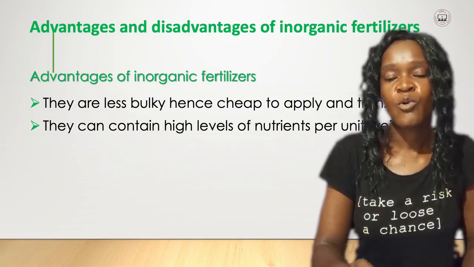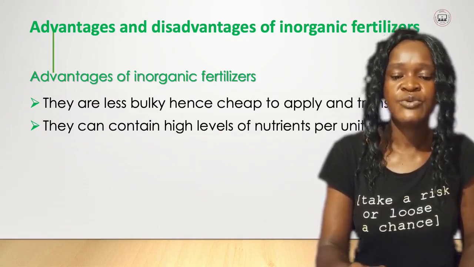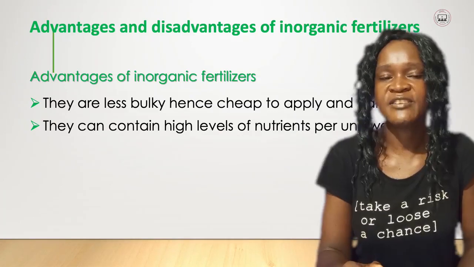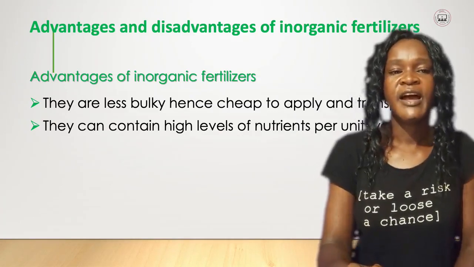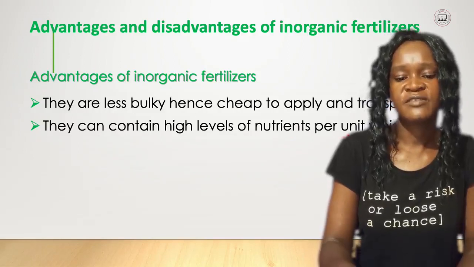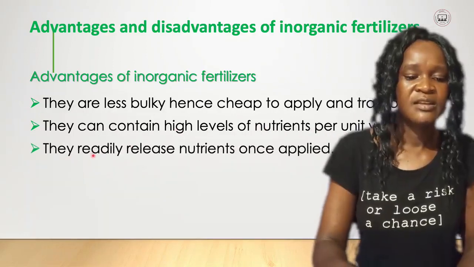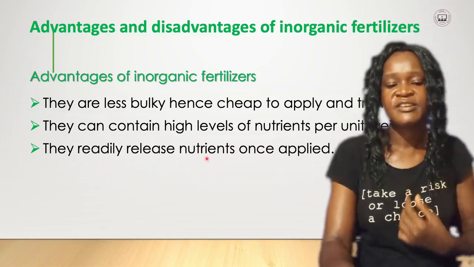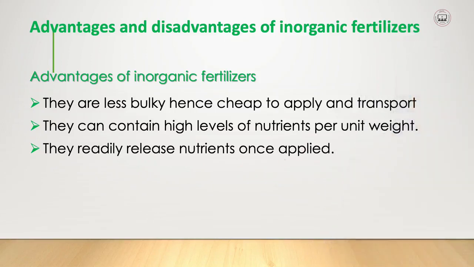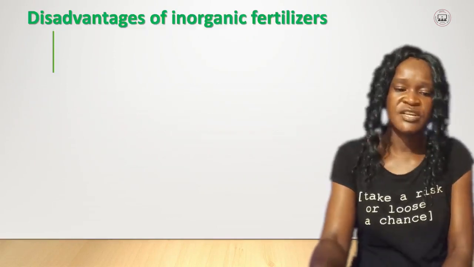If we compare the organic fertilizers and inorganic fertilizers, let's say per 100 kg, 100 kg of organic fertilizers will contain low level of nutrients, but 100 kg of inorganic fertilizers will contain high levels of nutrients. Apart from that, they readily release nutrients once applied. Once you apply, they fast release the nutrients. So they are fast in terms of release of nutrients.